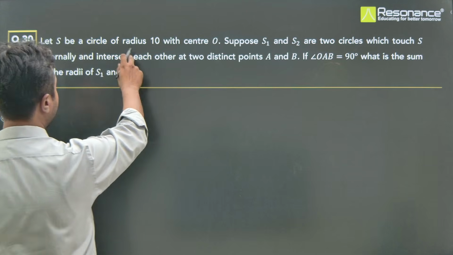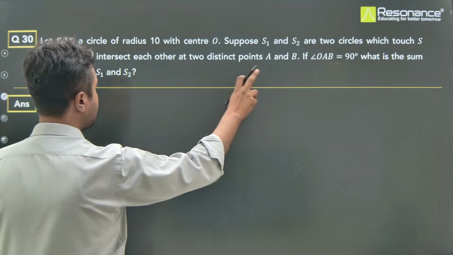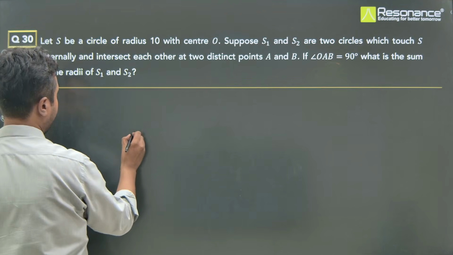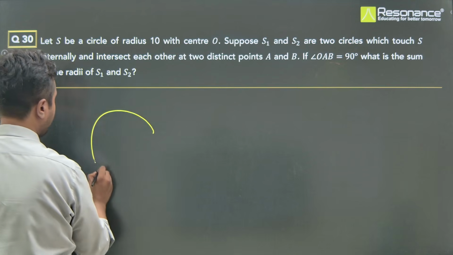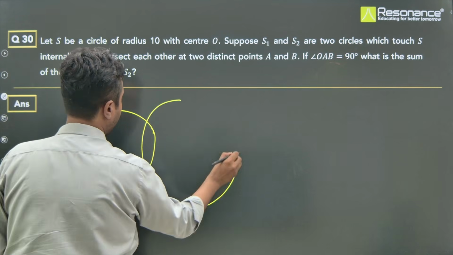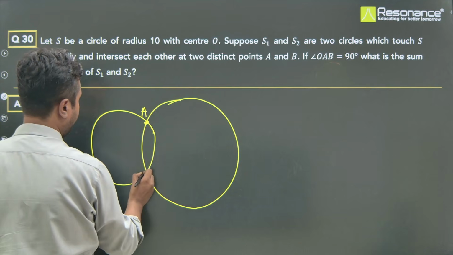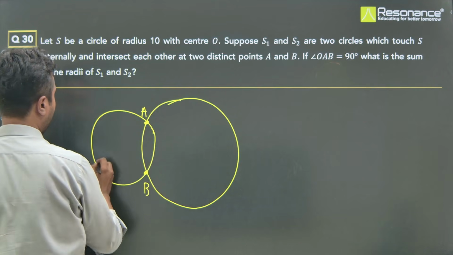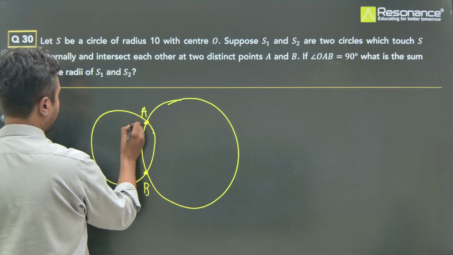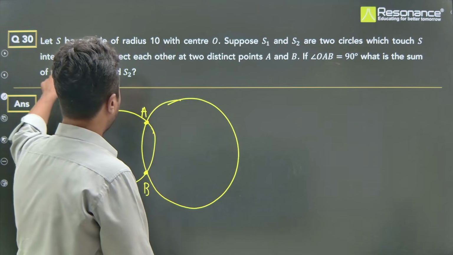So we have a circle of radius 10 with center O. Now S1, S2 are circles which touch it internally. So we have a circle here, S1 and S2, right? They meet at A and B. Now the other circle, I don't know where my other circle is, but let's think about that.